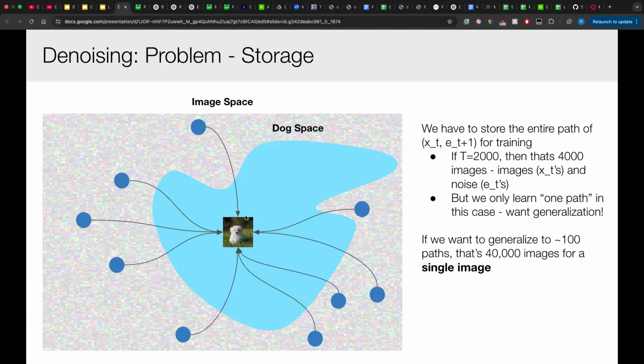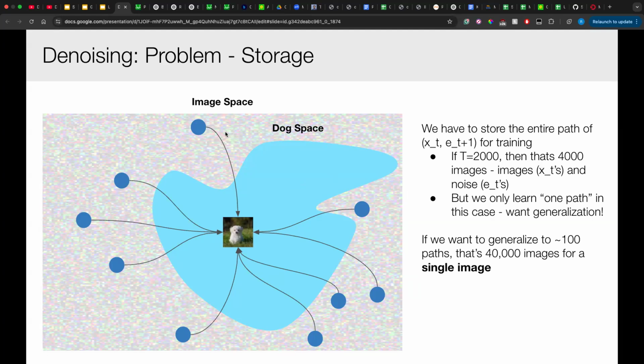Well, first, remember each image is pretty big, 1024 by 1024 by 3. If we have 1,000 or 2,000 time steps, which the diffusion papers had, sometimes more, we're storing 2,000 pairs of image and noise, so x of t and the epsilon that was added at that time step. That's a total of 4,000 image-sized things we have to store in memory.